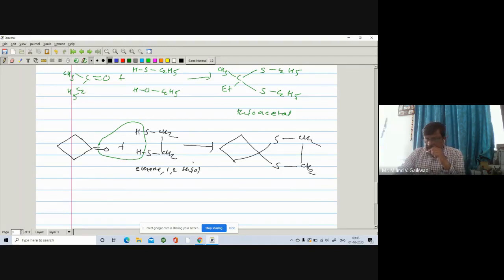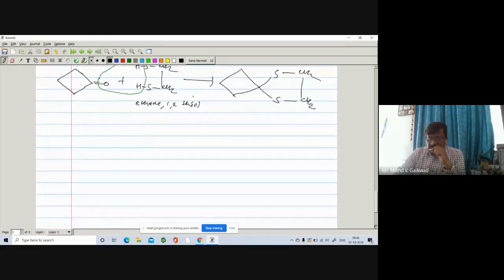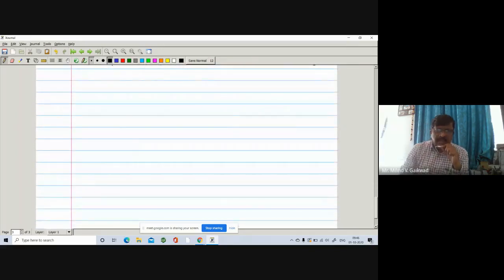Now, let us see the application of this reaction. Suppose you have the compound RC double bond O and H, and we want to convert it into RC double bond O and R dash. So you have to add this R on this hydrogen.